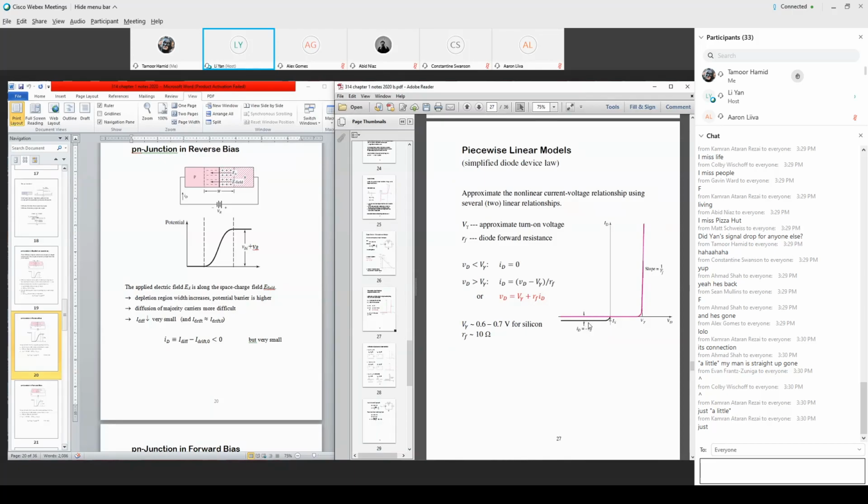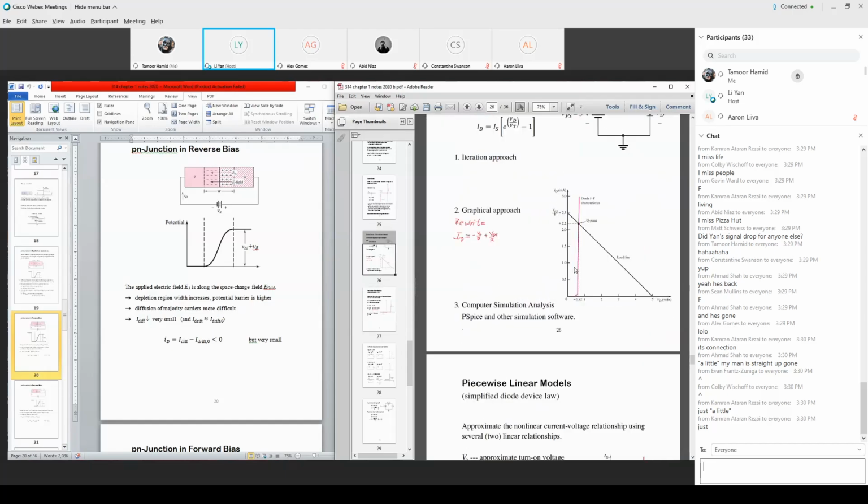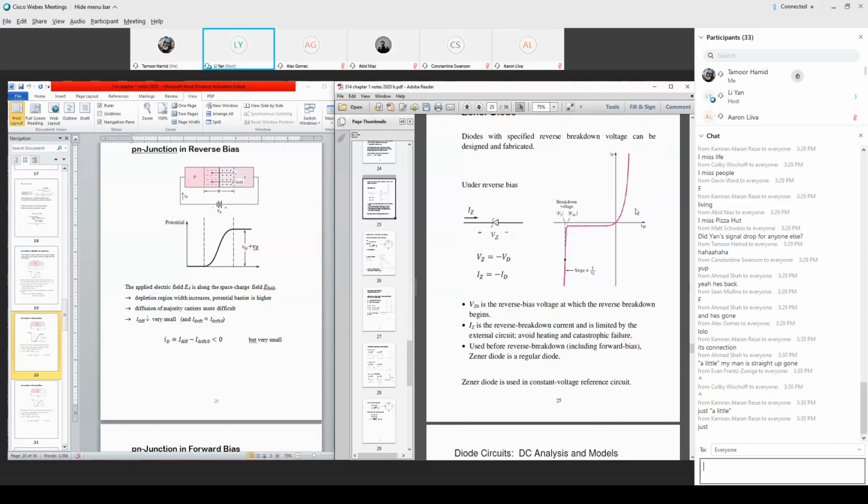This current is before we approximate. Whatever this line is, really it is this one. That's the accurate model.